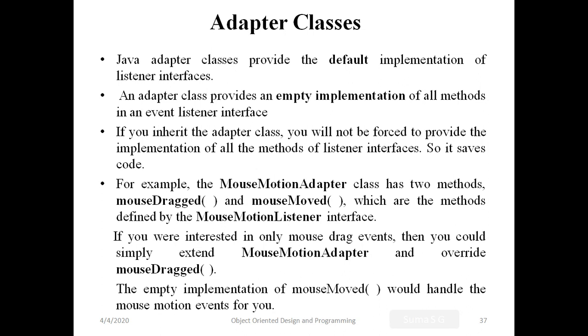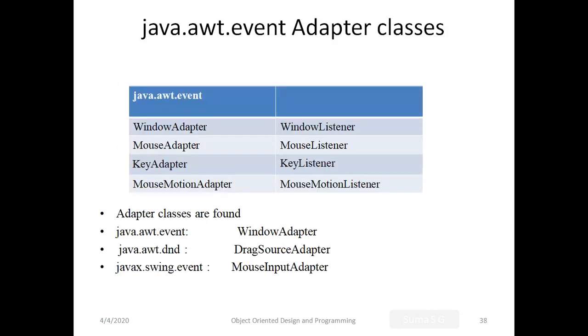If you are interested only in mouse drag events, you could simply extend MouseMotionAdapter and override the mouseDragged method. The empty implementation of the mouseMoved method would handle the motion events for you. The adapter classes are found in the java.awt.event package, the java.awt.dnd package, and the javax.swing.event package.